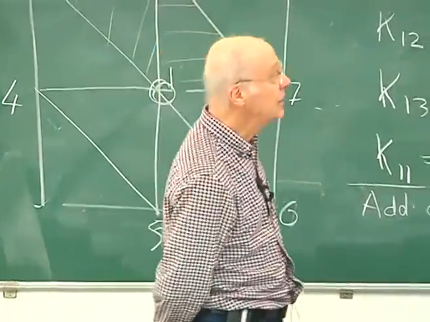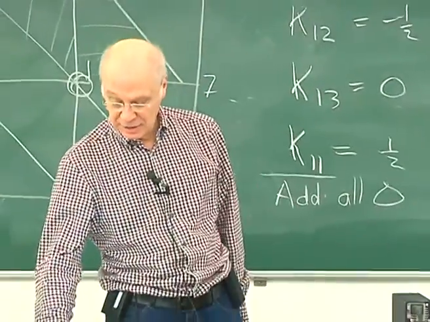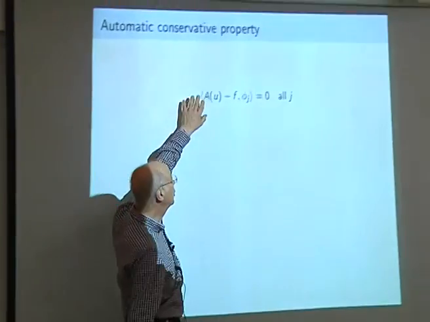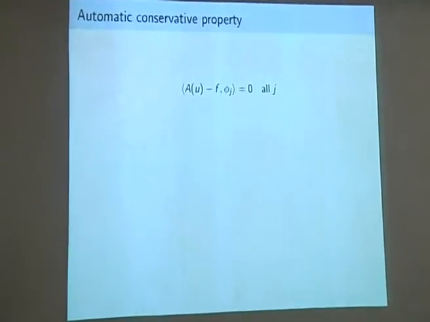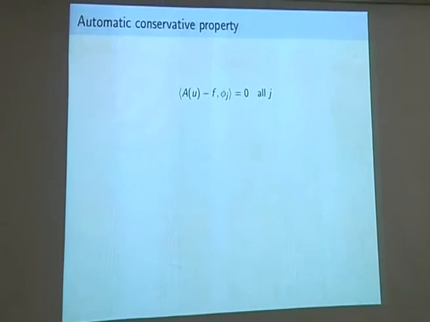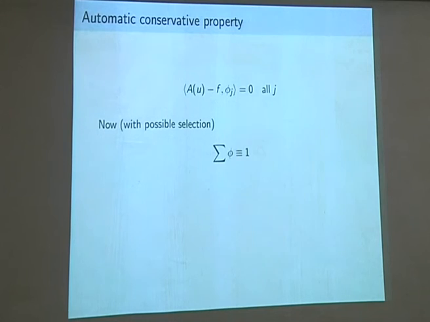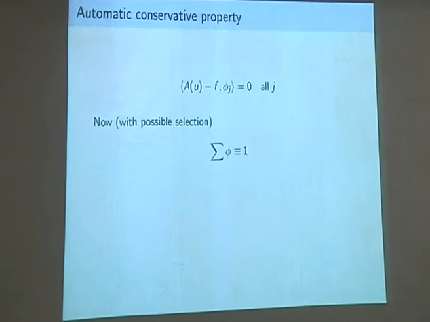Now there is this conservation property and it's automatic. This formulation asks for the residual to have no component in any of the directions of the basis functions. And that comes from the fact that if you sum over all the basis functions, on the whole you end up with the constant function.